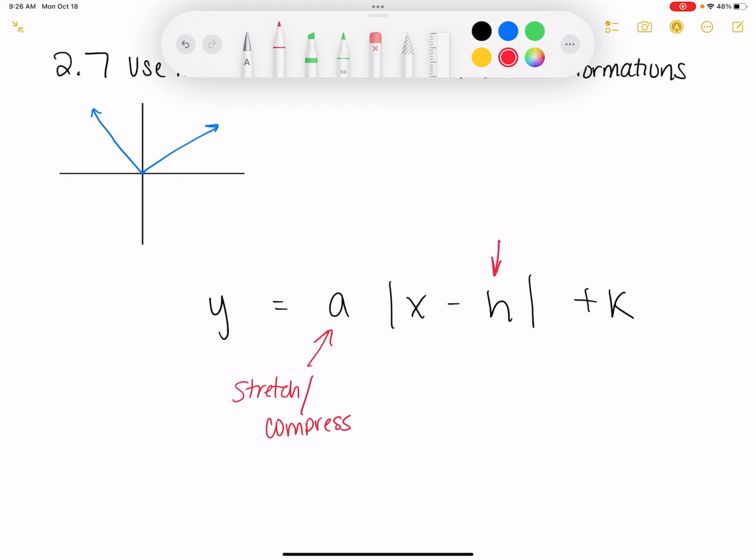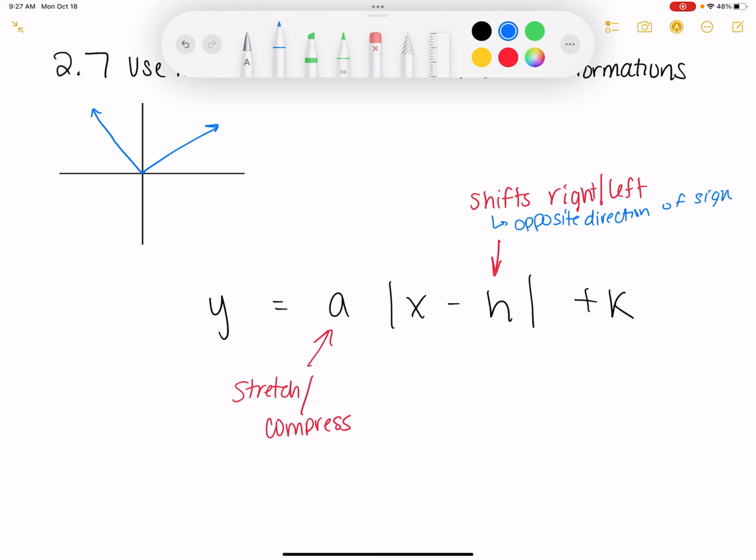The h inside, that tells you if it shifts right or left, and this one goes in the opposite direction of the sign. So as this sits right here, this would shift to the right h units, because the sign is negative.